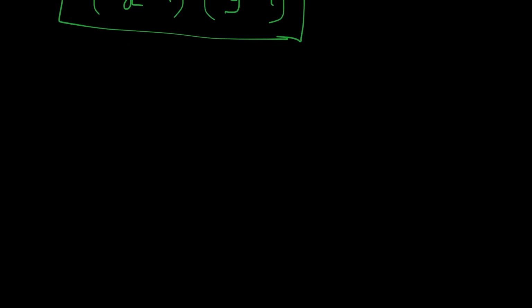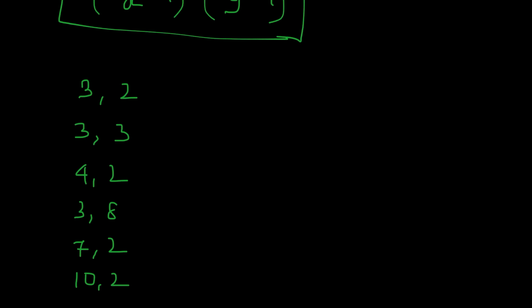Let's say the problems are 3 comma 2, 3 comma 3, 4 comma 2, 3 comma 8, 7 comma 2, 10 comma 2. These are the problems. Now, let's say I start with the first one. I will see how many invalid triplets there are for this problem. For that, I see how many problems there are in total that have three as their topic.